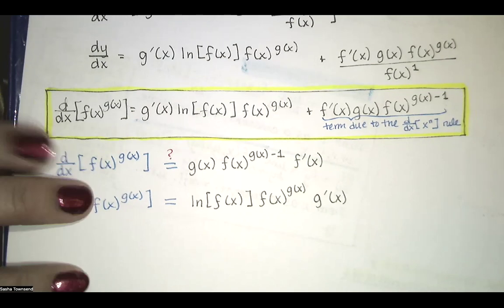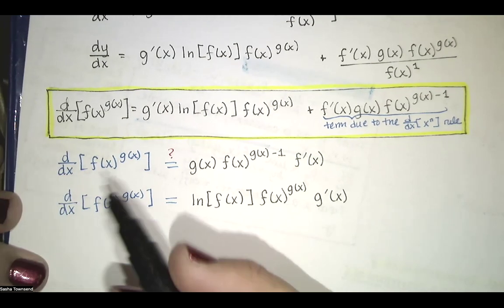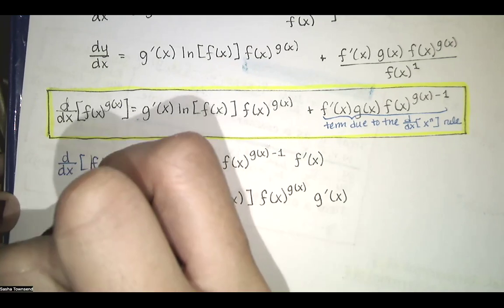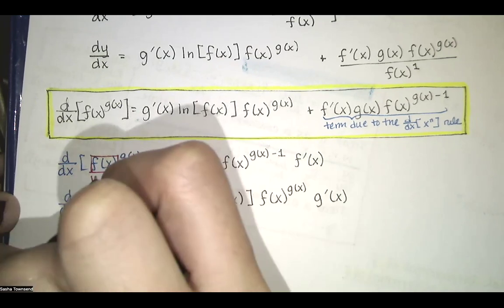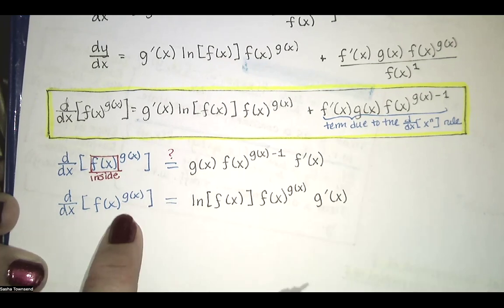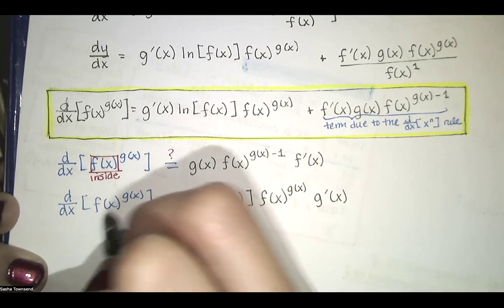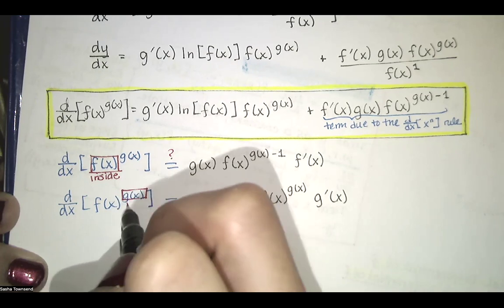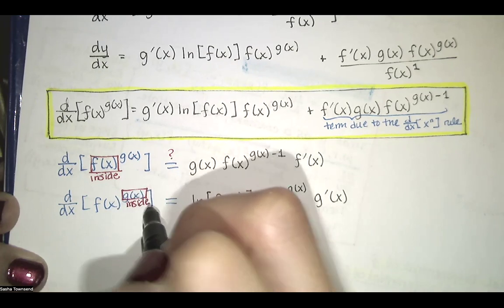And I guess I should highlight that. Here, I'm using the power rule, so I'm thinking of this as varying. This is my inside function. And here, when I compute the derivative, I'm thinking of this as constant, and then this is varying. I'm thinking of that as my inside function in this case.